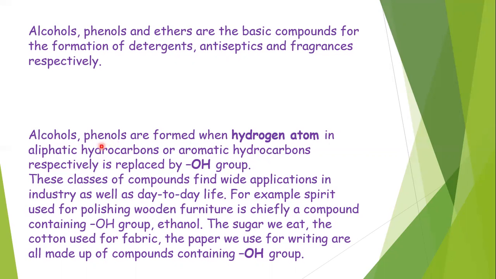Means from alkanes, when one hydrogen is replaced by OH, then we get ROH. These are alcohols. And in benzene or aromatic rings, C6H6, when one of the hydrogens is replaced by an OH group, they will become C6H5OH.